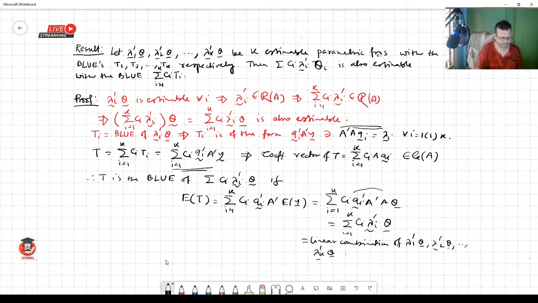So hence T, which is a linear combination of the Ti's, is the BLUE of the sum over Ci λi'θ.